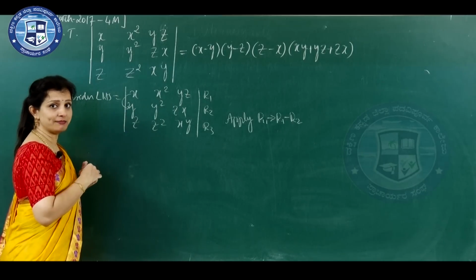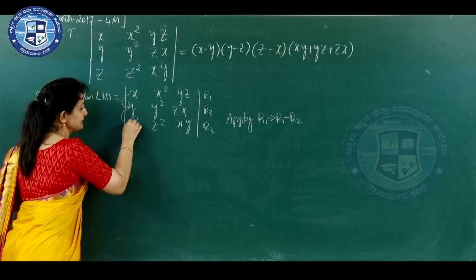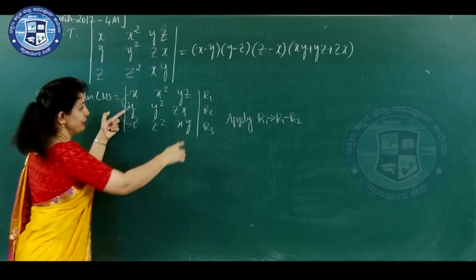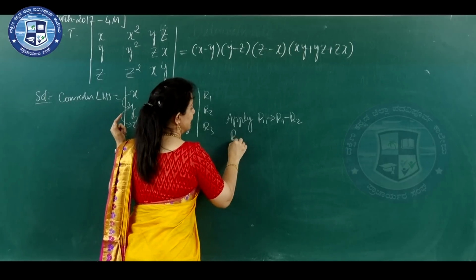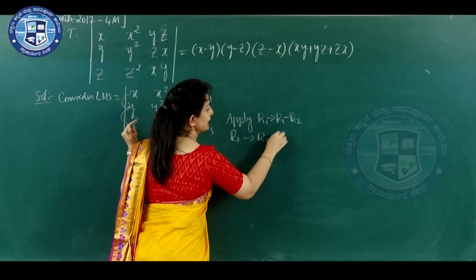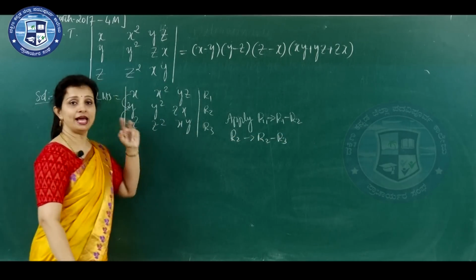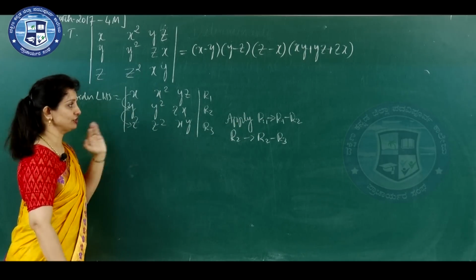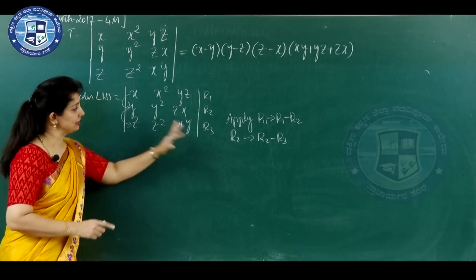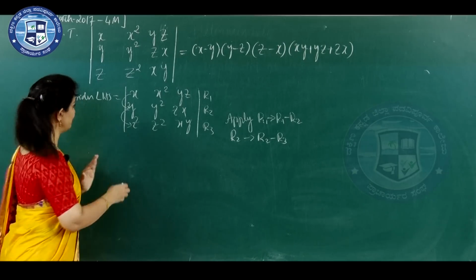How can you get y minus z, students? Here y minus z is possible to get when you subtract R2 and R3. So, next one, R2 implies R2 minus R3. Apply 2 operations simultaneously. We cannot apply 3 operations together, but it is possible to apply 2 operations.